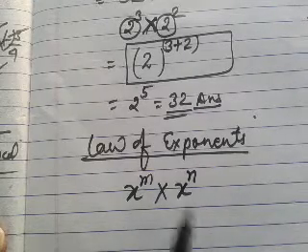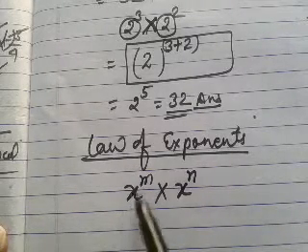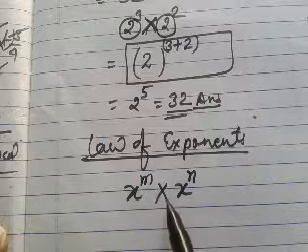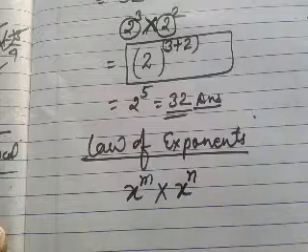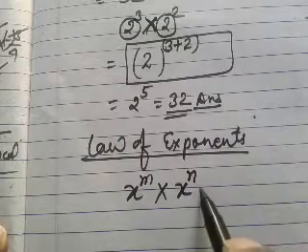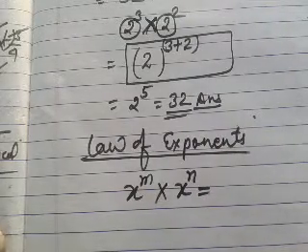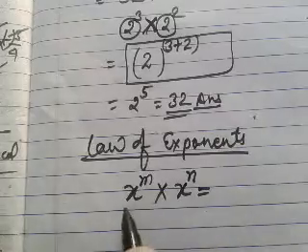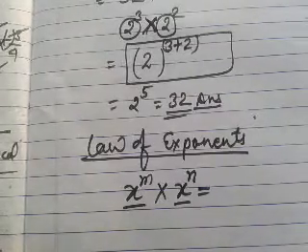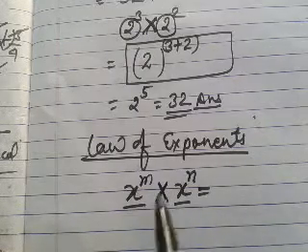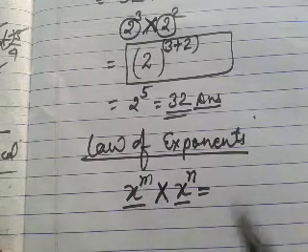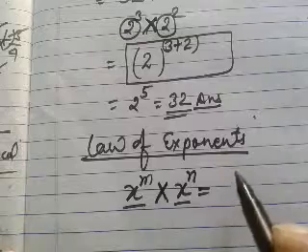How can we read this expression? x raised to the power m multiplied with x raised to the power n, and its solution will be, if the base is the same and the sign is multiplication, then the powers will be added.